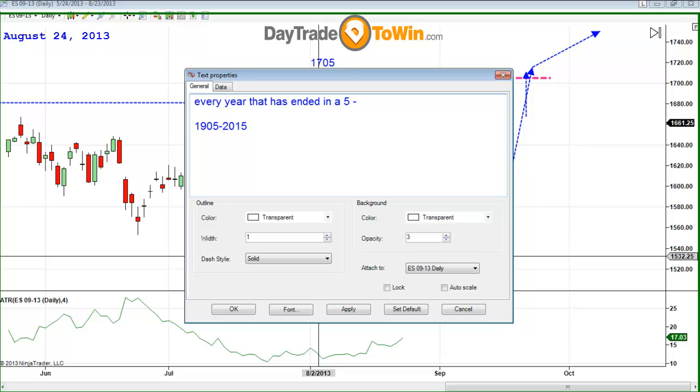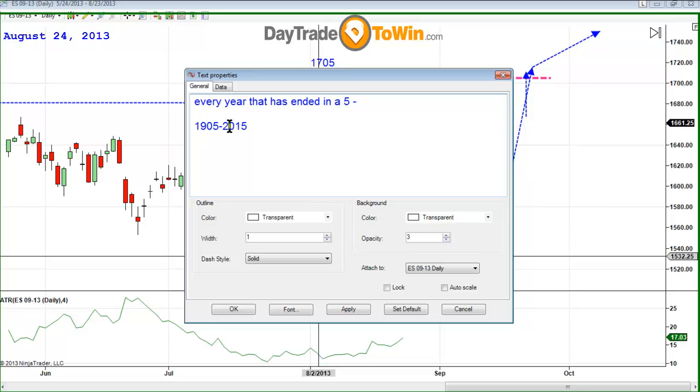Now, 2015 is just around the corner. I am going to be buying every financial, whether it be an option or futures, on January 1st. And if this is 100%, and it has been, you can expect the year 2015 to be an up year.